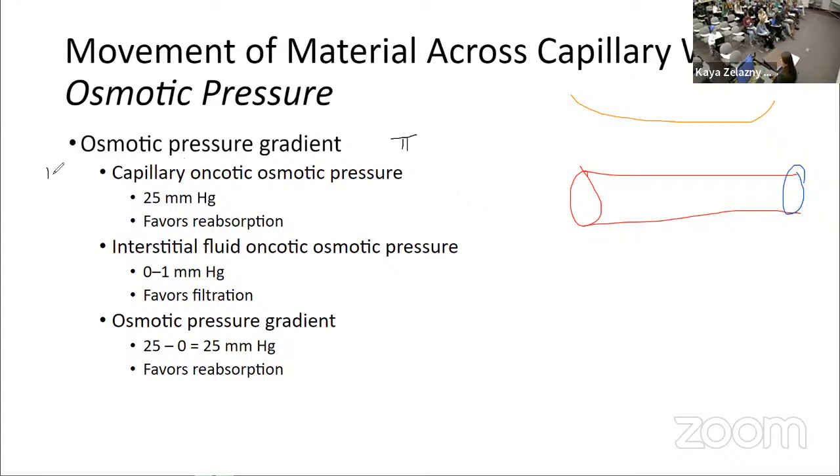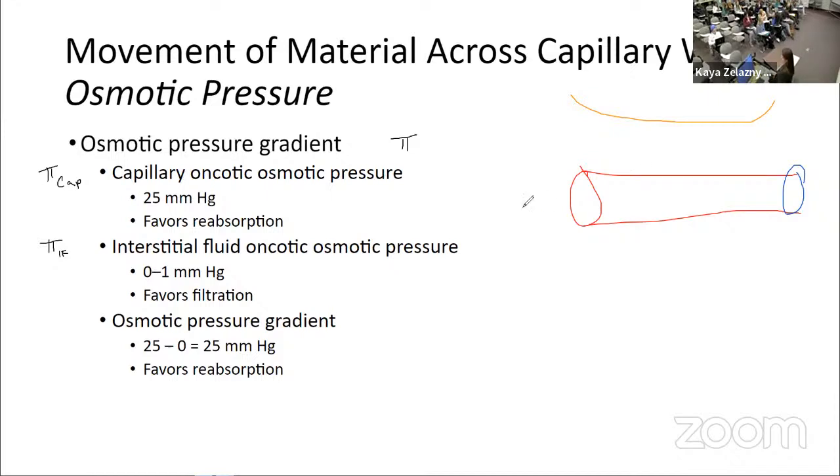So we're going to have osmotic or oncotic pressure of the capillary and of the interstitial fluid. So before we had P cap, P IF, now we have pi cap, pi IF. Right. So each of these two spaces has a hydrostatic pressure and has an oncotic osmotic pressure.